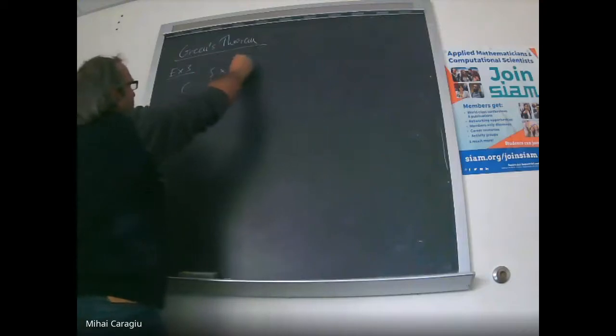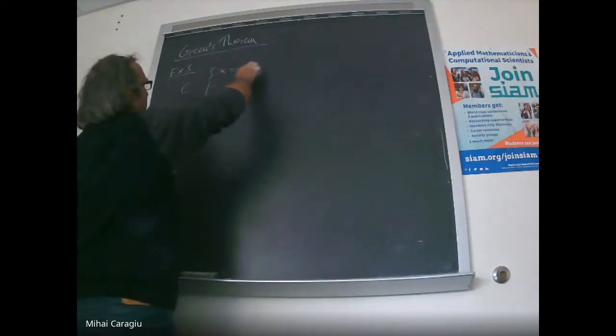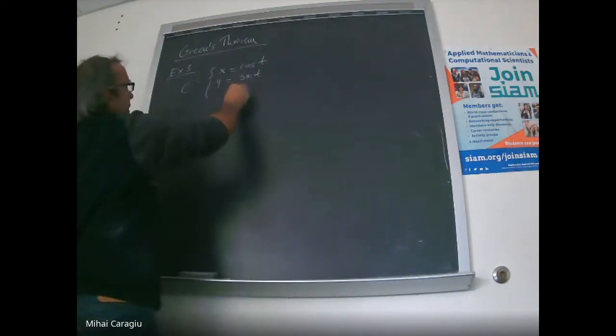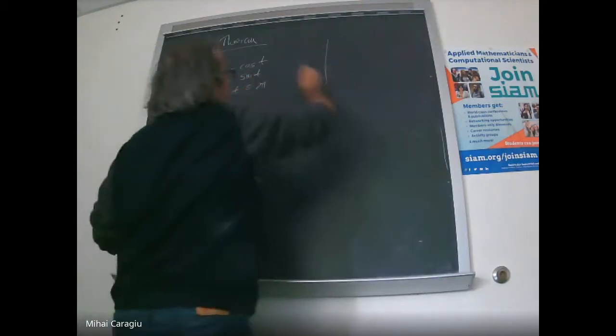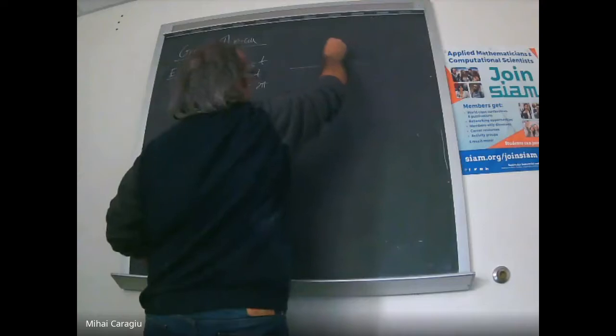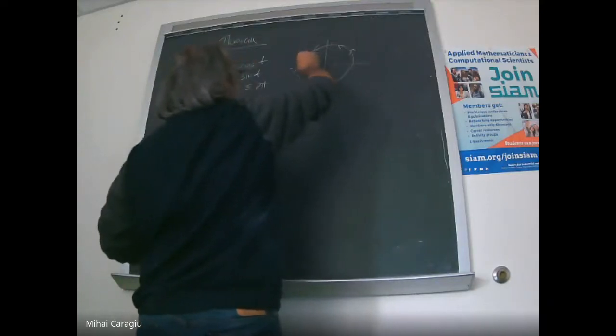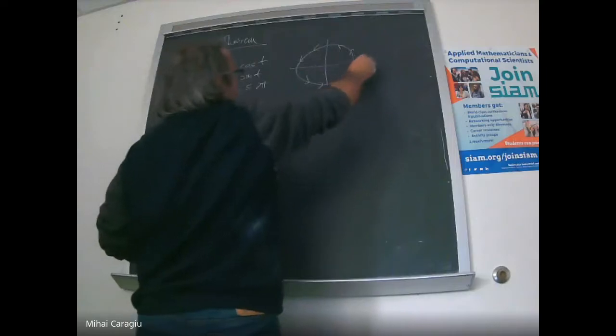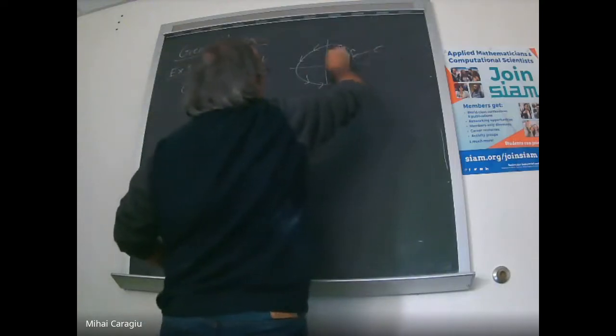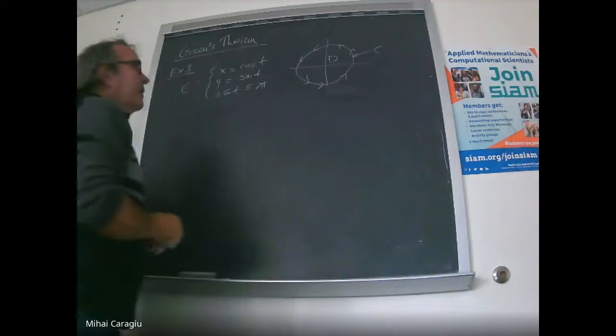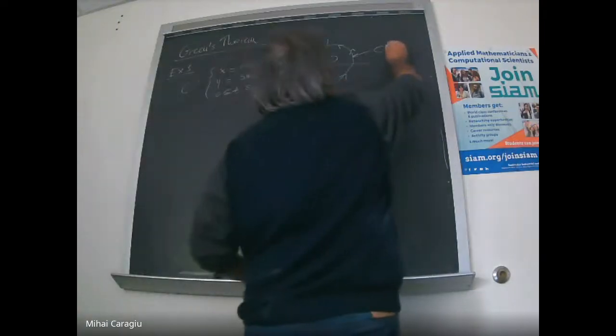So x equals cos t, y equals sin t, and t is from 0 to 2 pi. And that would be the unit circle oriented counterclockwise. C is the boundary of the unit disk, right?